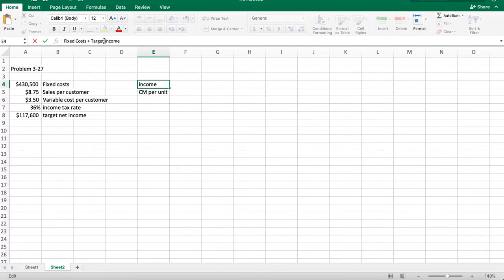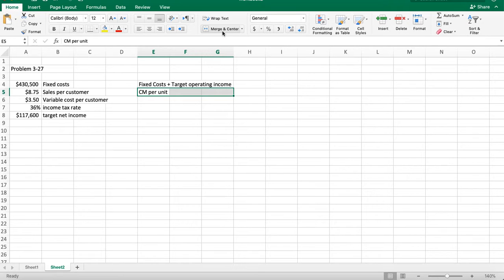That's actually target operating income. So to do that, we basically take our fixed cost, $430,500, plus our target operating income and divide by our contribution margin per unit, which is our sales minus our variable cost.